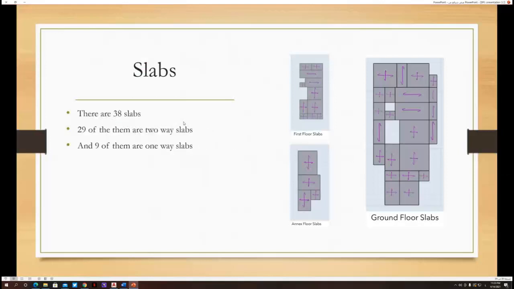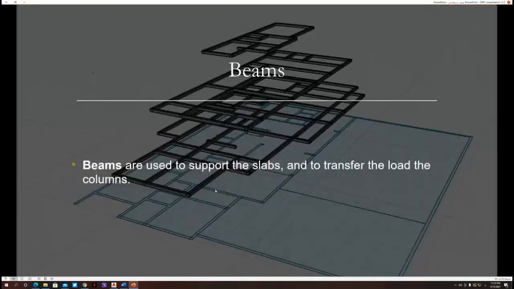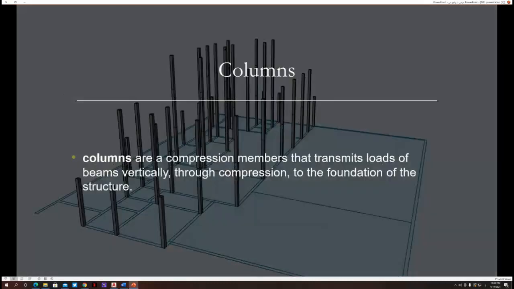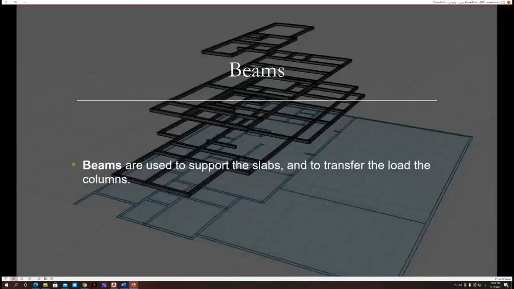In our project, we have 38 slabs. 29 of them are two-way slabs, and 9 of them are one-way slabs. The beams. Beams are used to support the slabs and to transfer the load to the columns. Thank you for your attention.